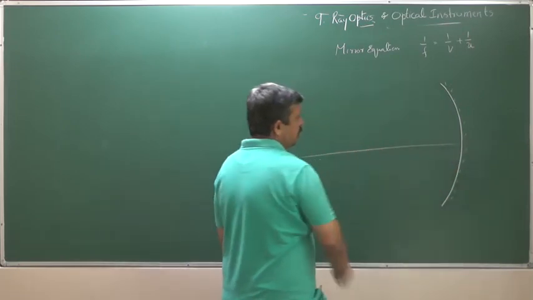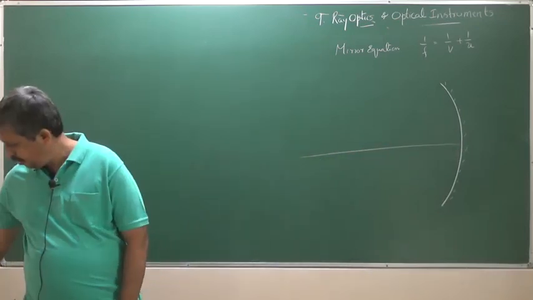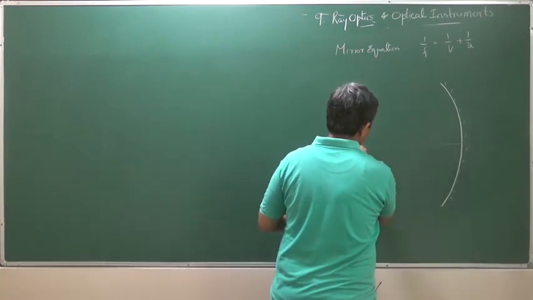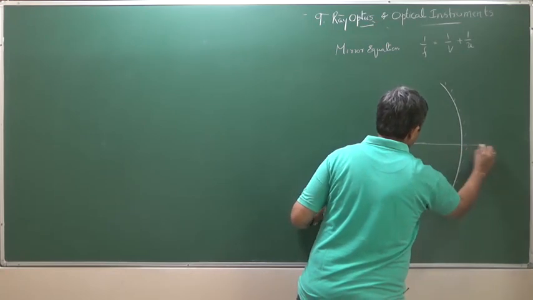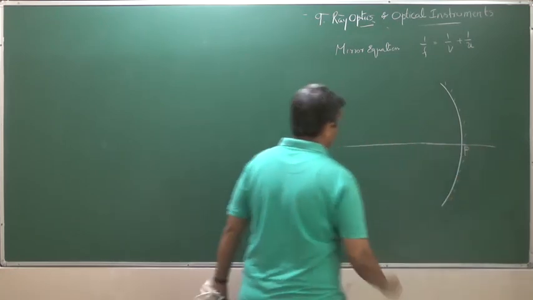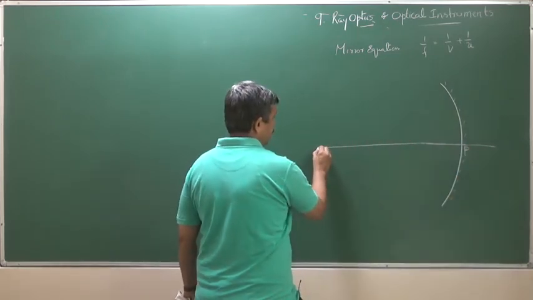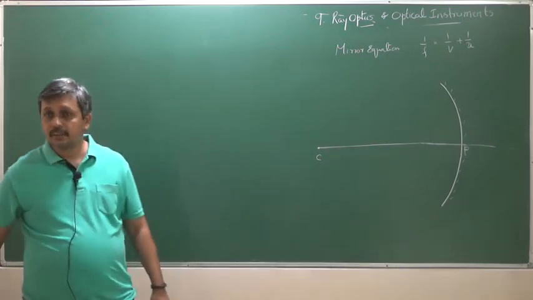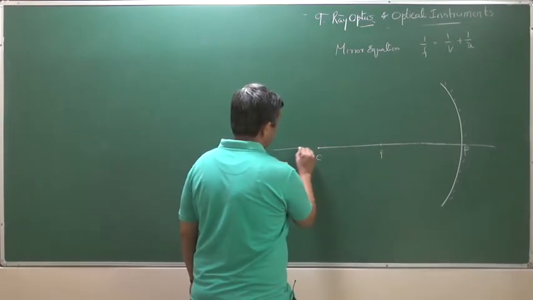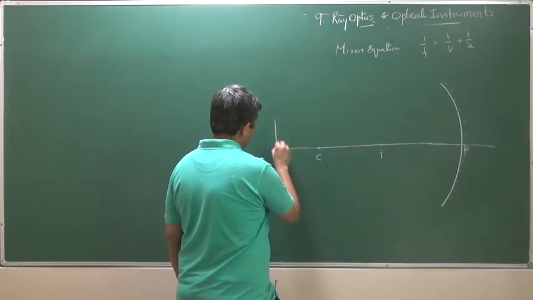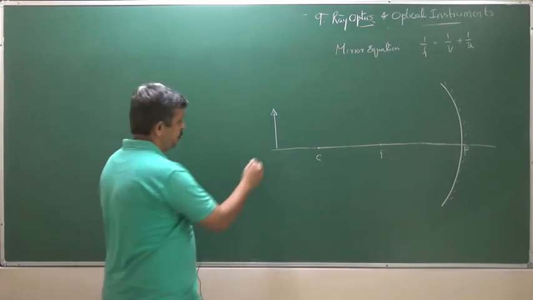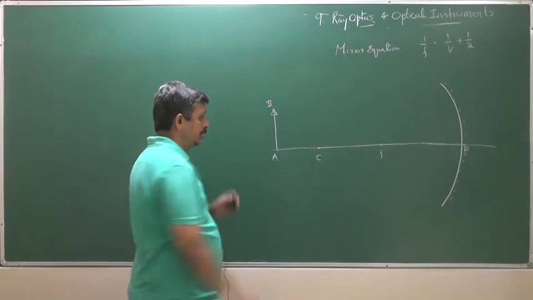This is my principal axis, and this point is P. We take this point as C, and the point here as F, and we can keep the object somewhere beyond C. This is an object which we call AB.